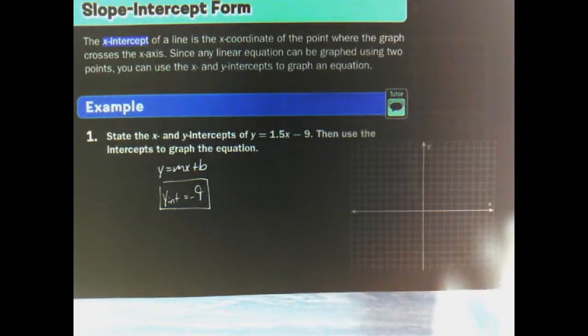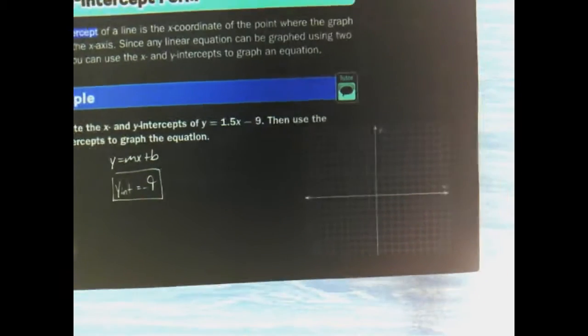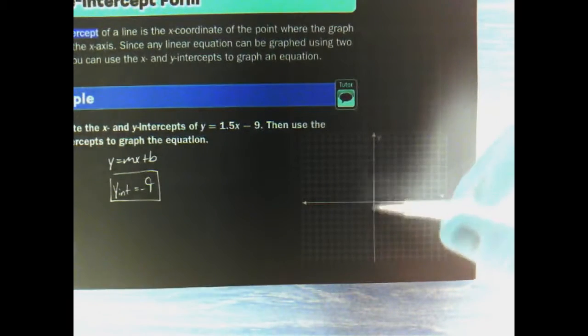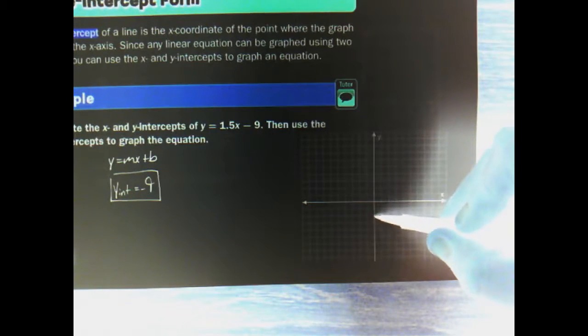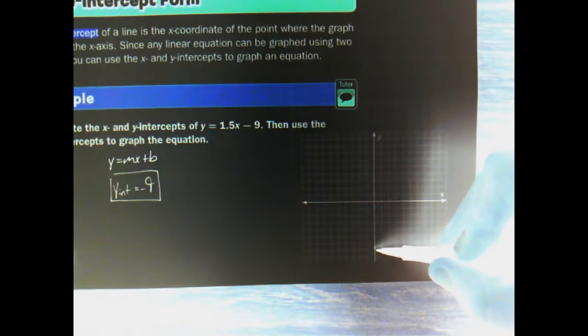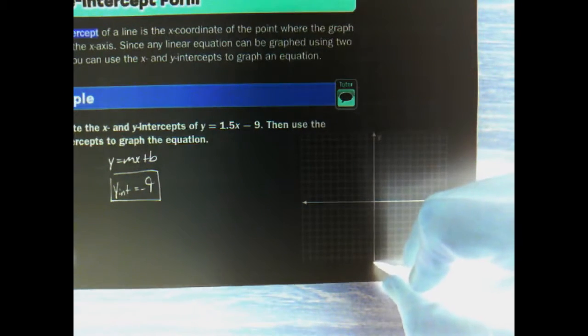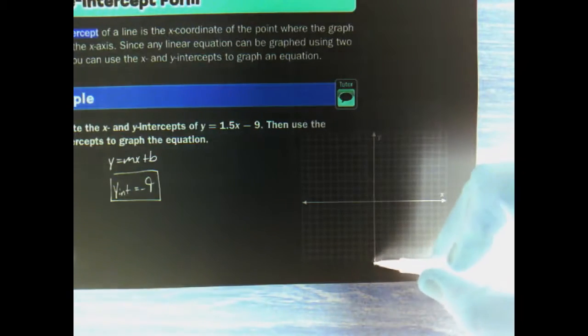In order to find the x-intercept, we have to think about what an intercept is. If I go over to my graph to find negative 9 on the y-axis, because that's where my line will cross the y-axis, 1, 2, 3, 4, 5, 6, 7, 8, 9, right down here at the bottom, I can put the point here.